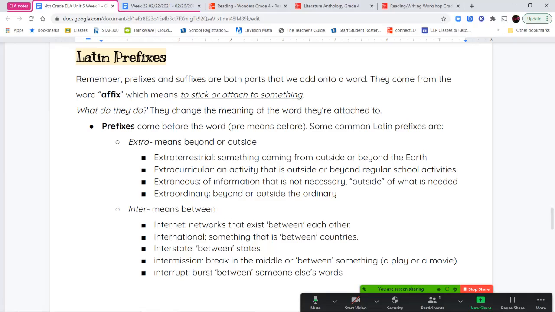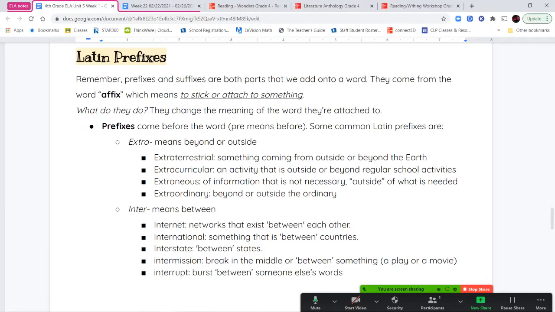The grass and the sky and the sun are not important. What was important was that you tripped and fell, right? So there is extraneous information. There's extra that is not needed. If something is extraordinary, it is beyond or outside what is ordinary, right? It's amazing. It's more than what you're used to, more than what is normal.